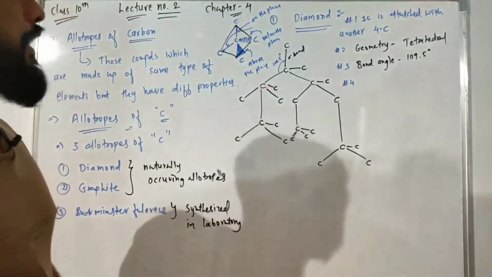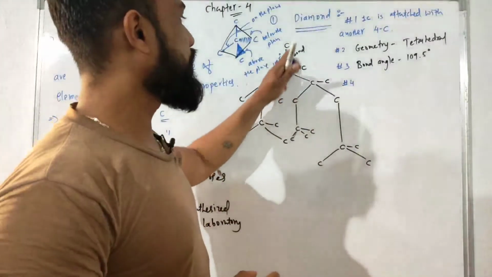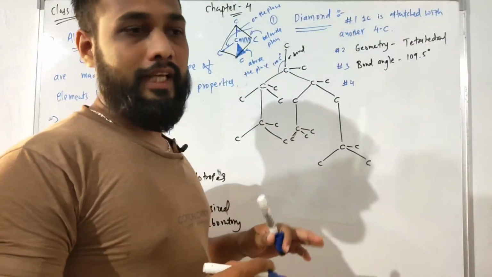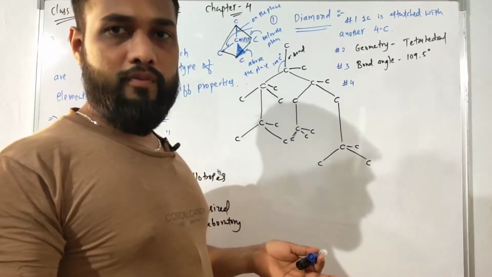Now the fourth point: if you notice, there is no free electron, because all four electrons of carbon are used in bond formation.